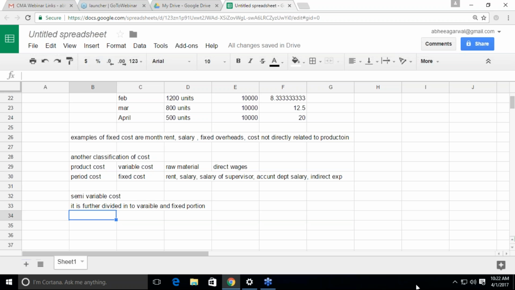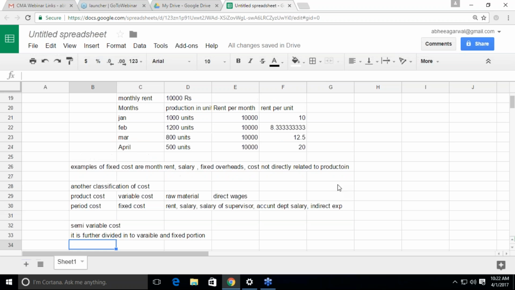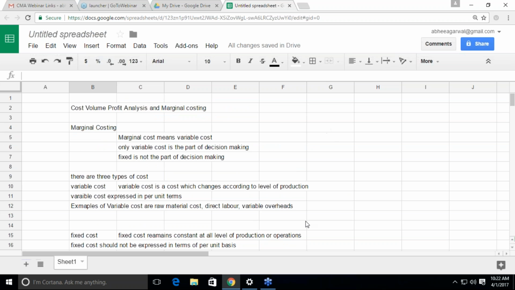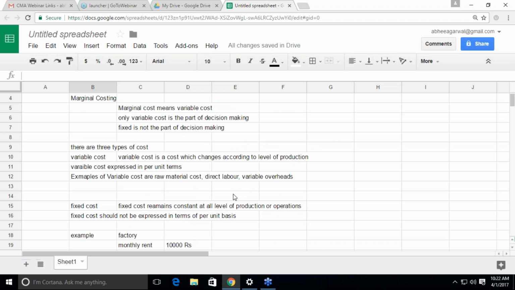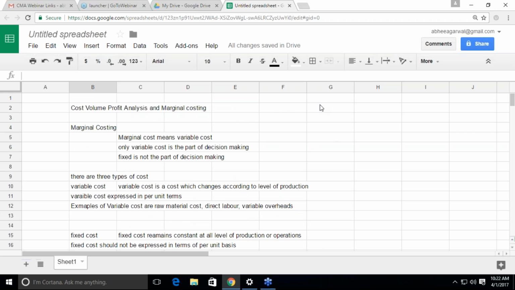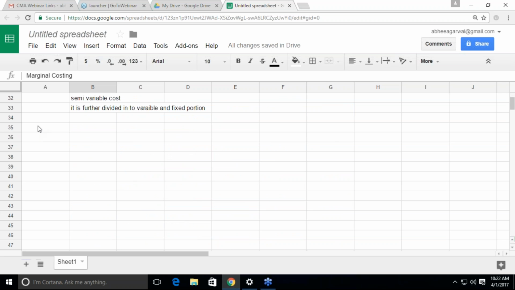Right now we have to understand marginal costing. To explain marginal costing, I explained the variable cost and fixed cost concept, so that now you can catch the marginal costing concept. Marginal costing says that there are two types of cost, fixed and variable, which I explained.